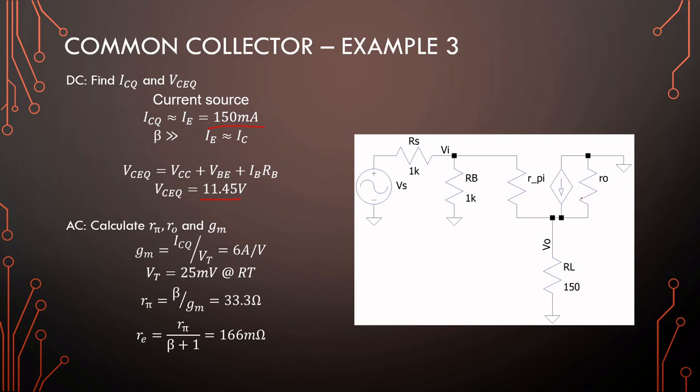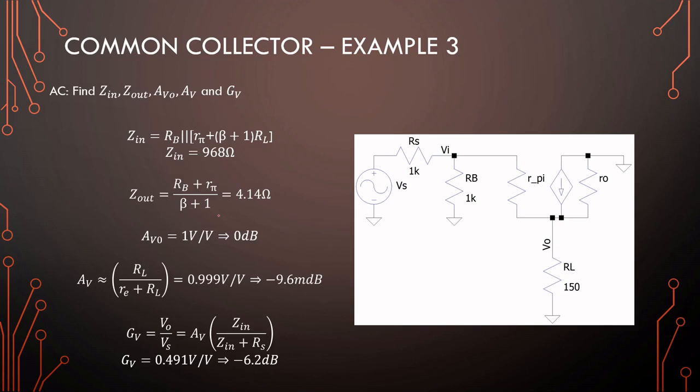Okay, again I didn't calculate R out, and since this is the same as the previous problem, 6 amps per volt, 33.3 ohms, 166 milliohms, almost the same characteristics, just using a current source.